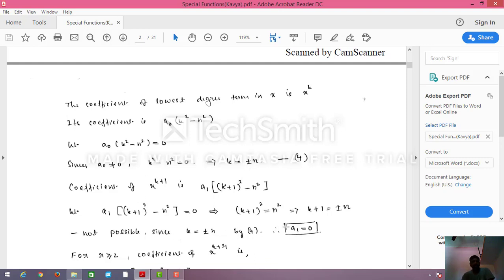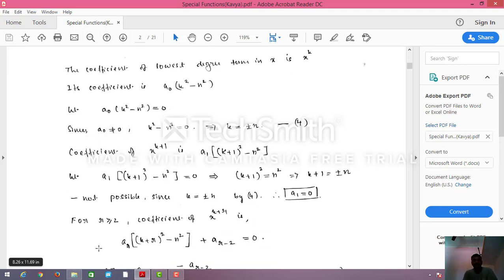So k plus 1 equal to plus or minus n cannot be zero, and the only possibility is A1 equal to 0.